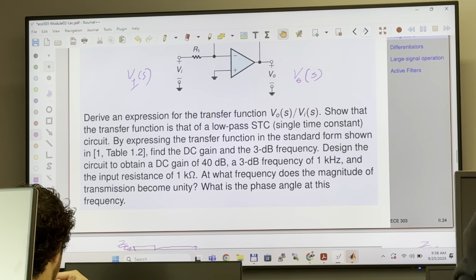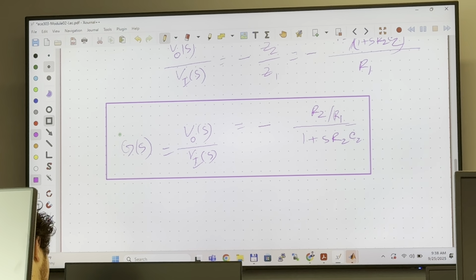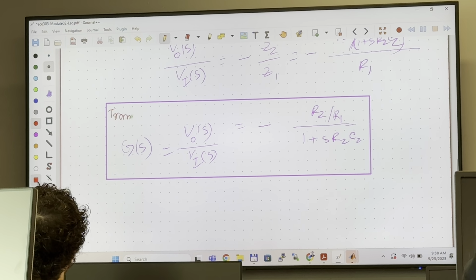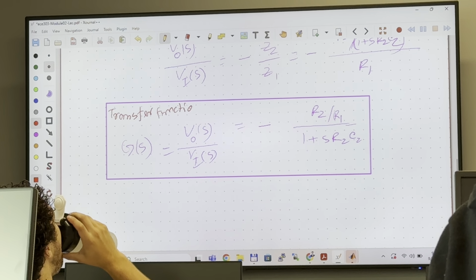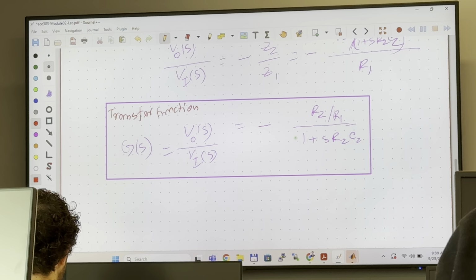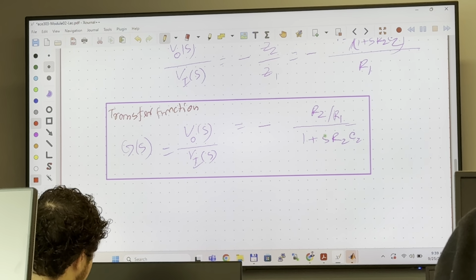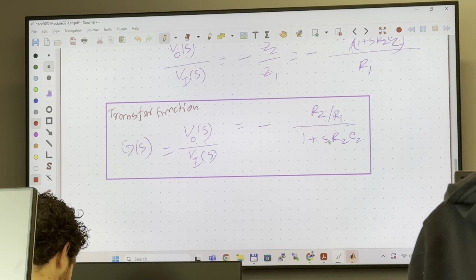If you look at the expression, this is basically the transfer function G of S. What is the order of S here? What is the power of S? It's simply 1. It's a first order circuit.